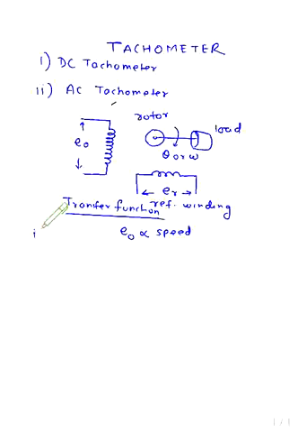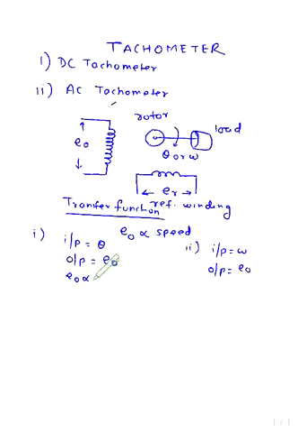In the first case, the input is theta and the output is E0. Similarly, in the second case, the input is omega and the output is E0. From that expression, we can find that E0 is proportional to d theta by dt, and we can also write E0 is equal to Kt d theta by dt.